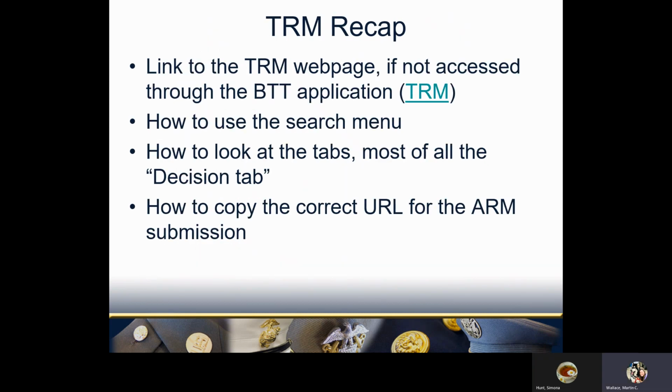And here is just a quick recap of the TRM. The link is provided to you here in green, and it's how to use the search menu, how to look at the tabs, most of all the decision tab, and ensure you copy the correct URL from the ARM submission.